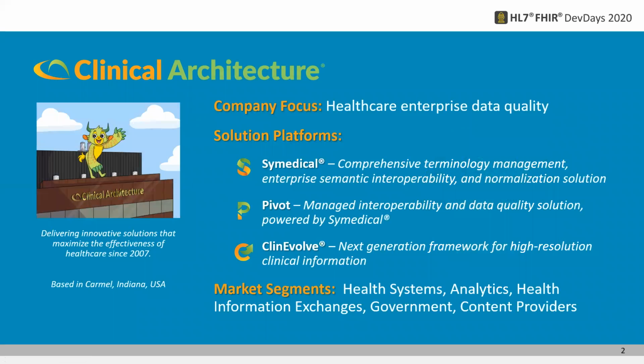By way of background or context, I want to give a little information about my company. First of all, we were founded in 2007 with a focus on healthcare enterprise data quality. We have 3 primary solution platforms that implement or support FHIR in one way or another.